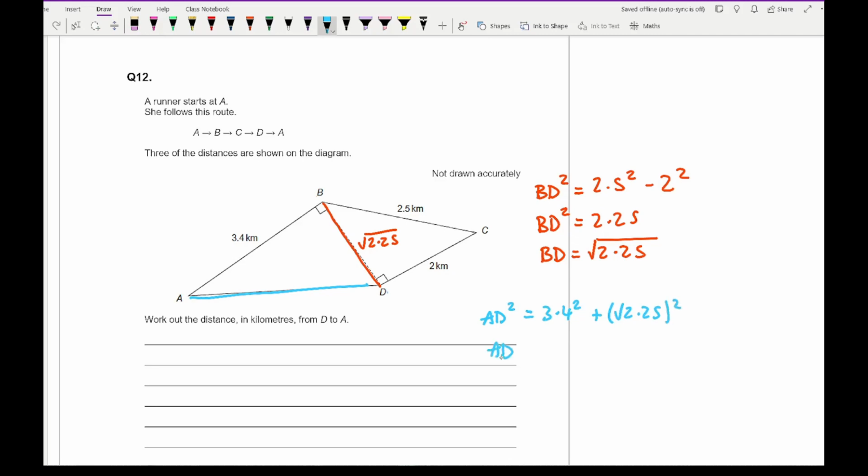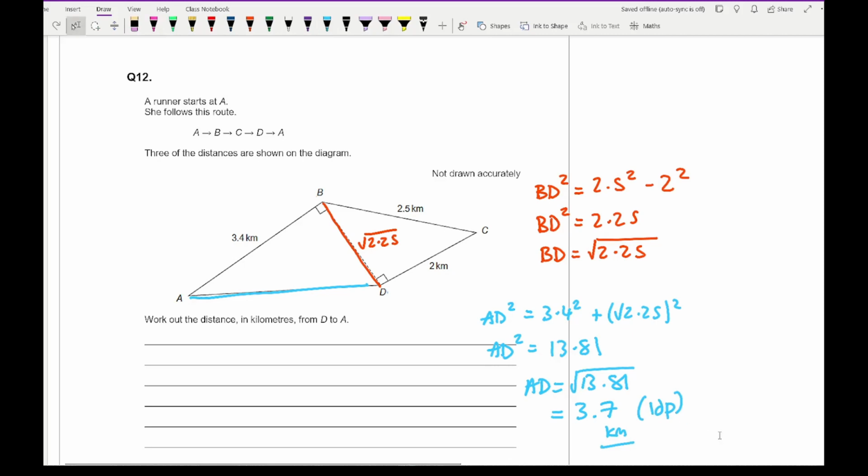So AD squared is going to equal, and if I type that all into my calculator, I get an answer of 13.81. So then A to D is going to be the square root of 13.81, which gives me an answer of 3.716. So 3.7, and that's to 1 decimal place, and that's kilometers.